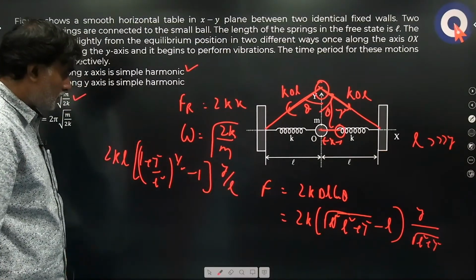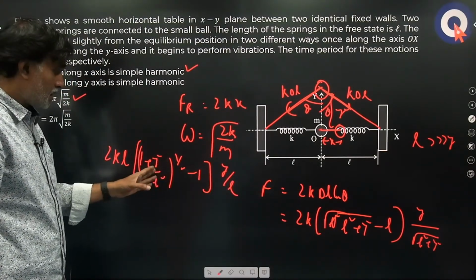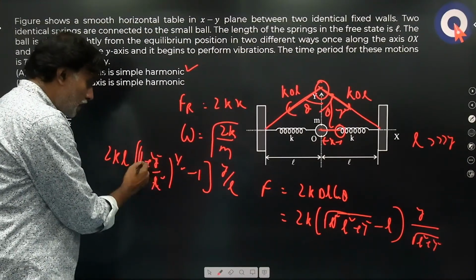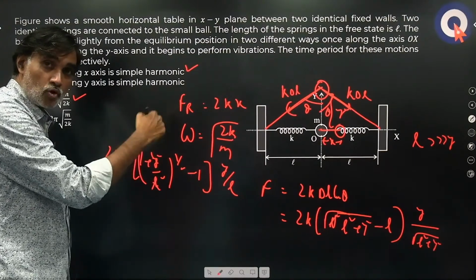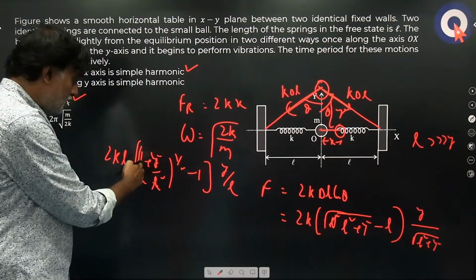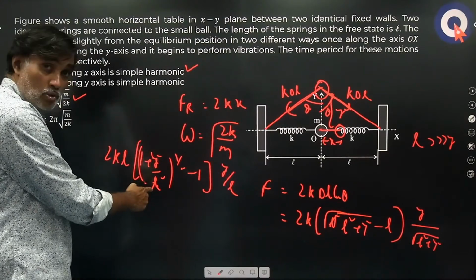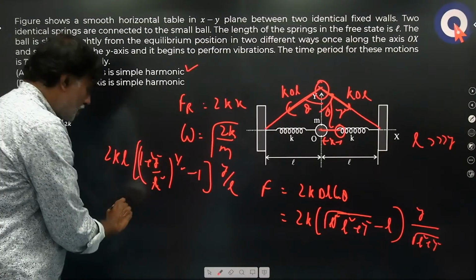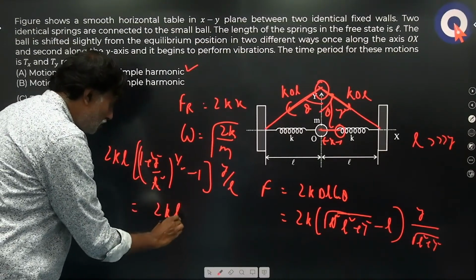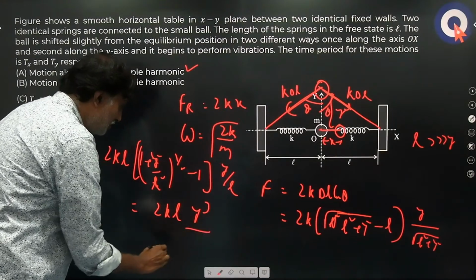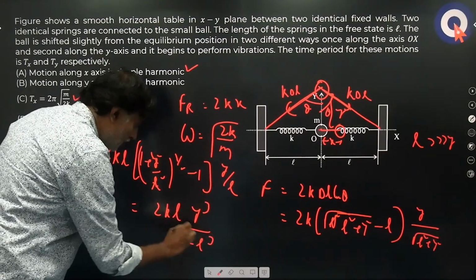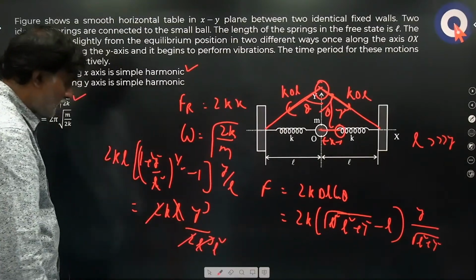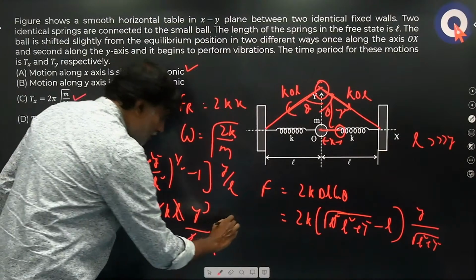Now y square by L square is very small when compared to 1, so 1 plus x whole to the power of n can be written as 1 plus nx. So this is nothing but 1 plus y square by 2L square minus 1. So 1 cancels, you get y square by 2L square. So this is nothing but 2kL into y cube by 2L cube. So this cancels, you will get L square here, okay. 2 also cancels. So this is k y cube by L square.